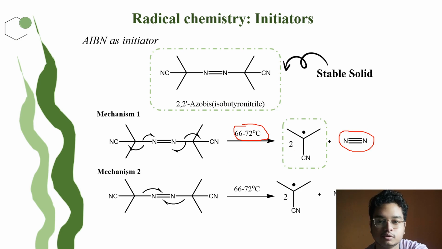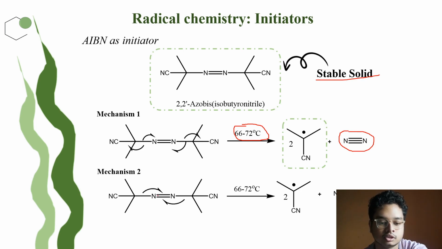The driving force to generate this radical is the formation of nitrogen gas. AIBN is very handy because this compound is a stable solid, so it is used in various reactions where thermal radical generation is needed.